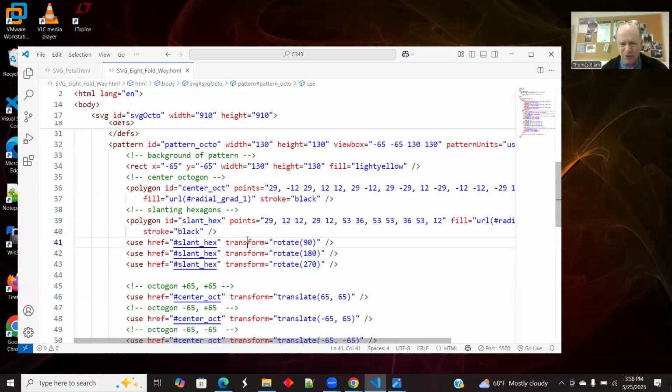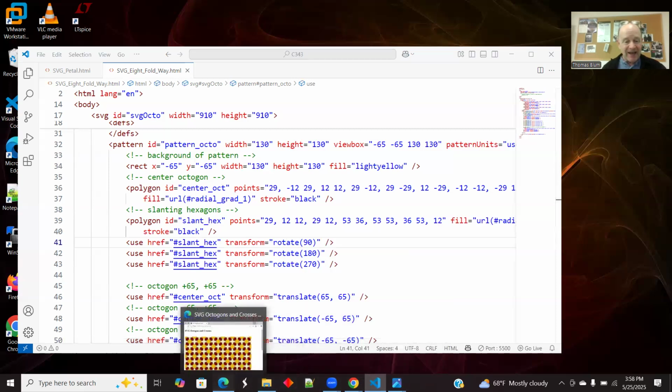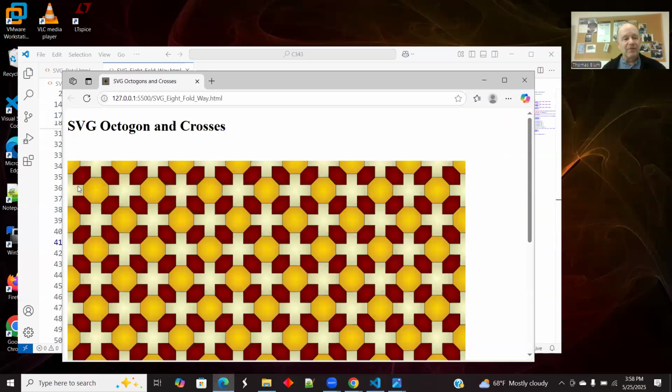I did a transform attribute with a rotate, and rotate takes degrees, so I rotated that 90, 180, and 270. That got those four slanting hexagons rotating around my octagon. So I have my basic unit. You can see up here there's my center hexagon, which we made, and then I made the four. I think I made this one down here and then rotated it 90, 180, and 270 to make the other ones going around.